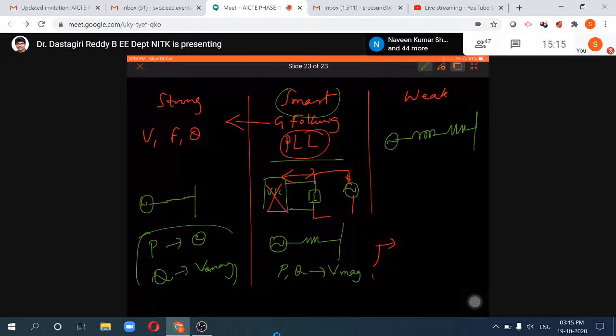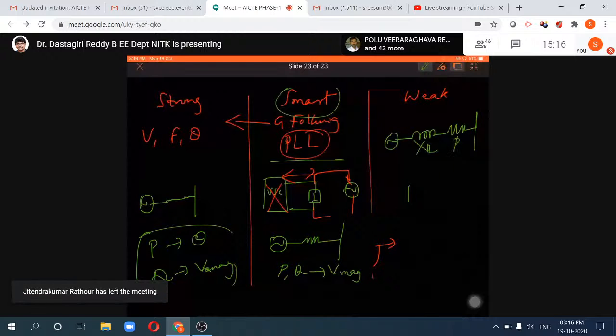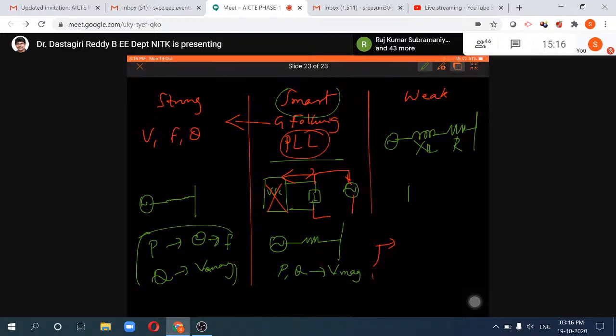And here it depends on which is bigger, whether your inductance L, that is XL, is dominating or your R is dominating. So that's how the relation varies, in what way P is linked, whether P is linked to magnitude, or the theta, or frequency indirectly. If you integrate frequency, you get theta. So whether it is linked to frequency or to voltage alone.